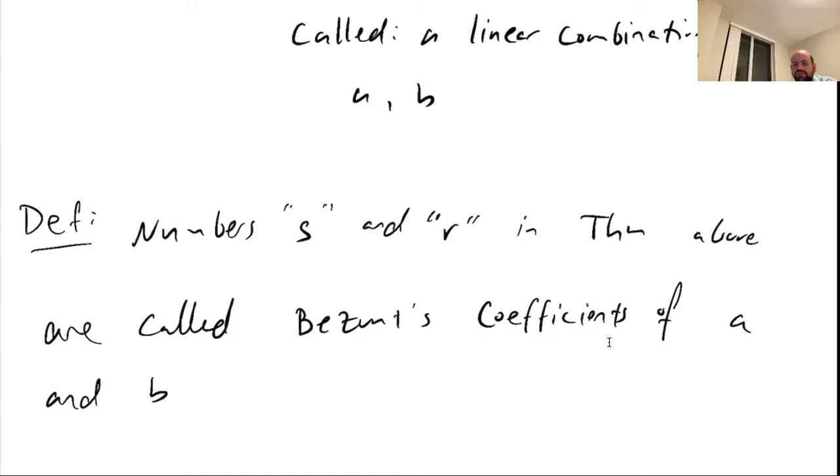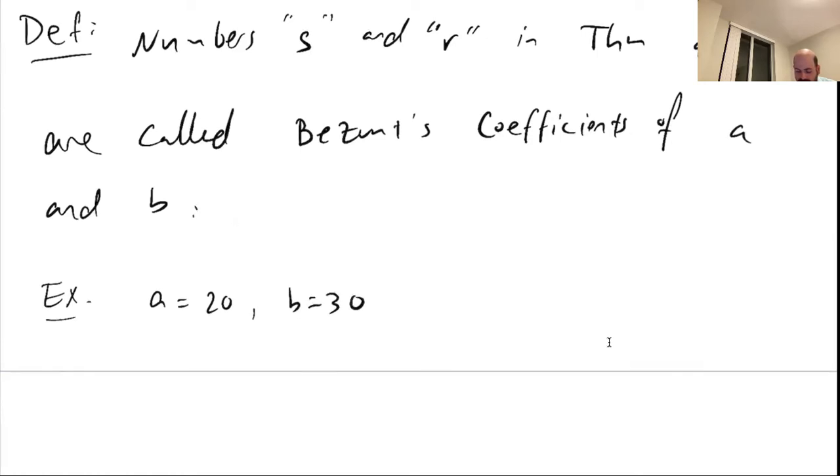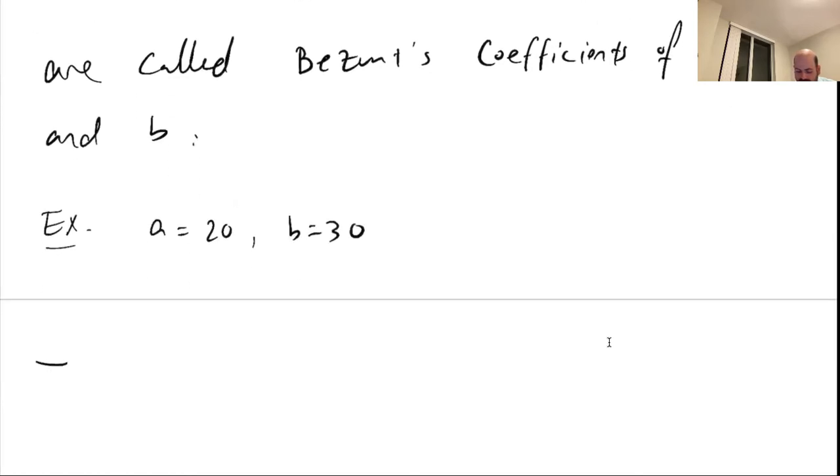Okay, so again, let's look at the simple example that we had before. A equals 20, B equals 30, and then we saw that the GCD was 10.